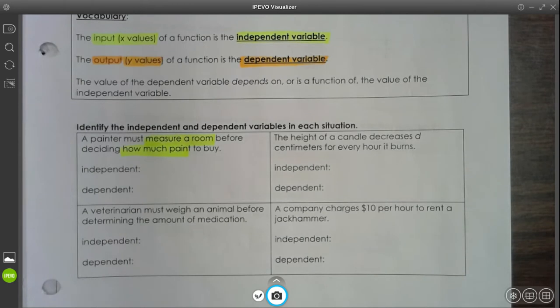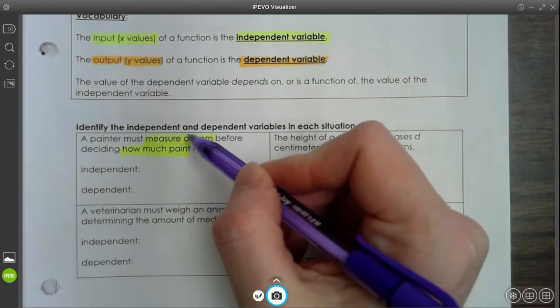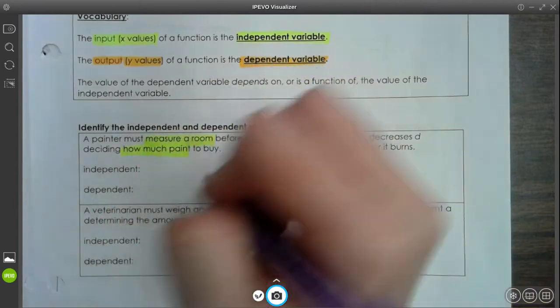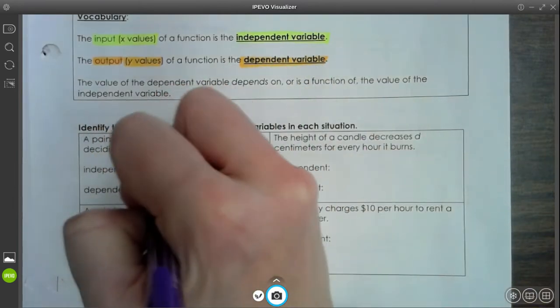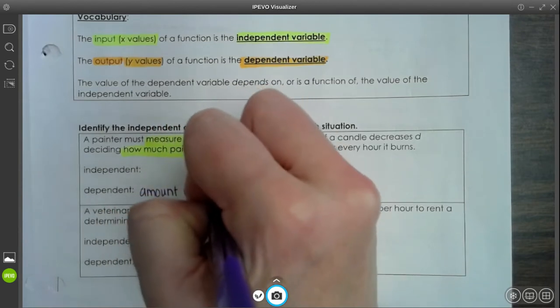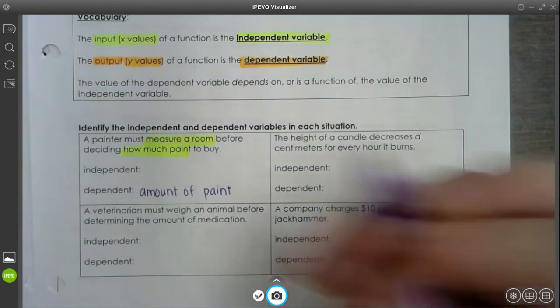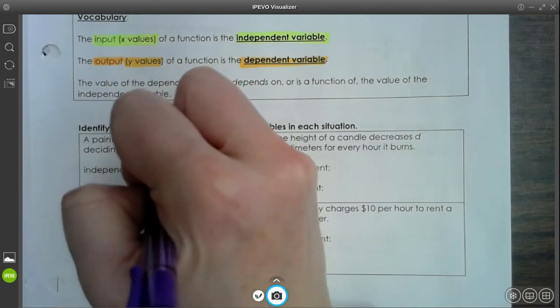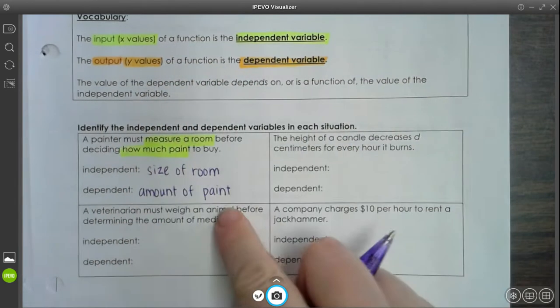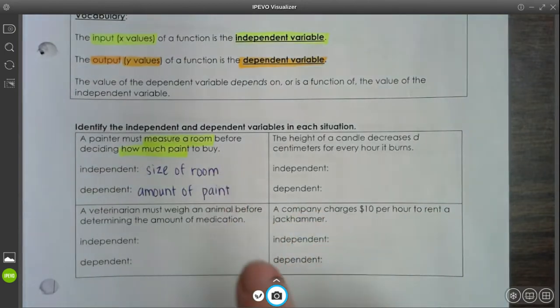So which one depends on the other one? Well, the amount of paint that you buy depends on how big the room is, right? So that makes the amount of paint the dependent variable, and the independent variable is going to be the size of the room. Okay, again, the amount of paint depends on how big the room is.